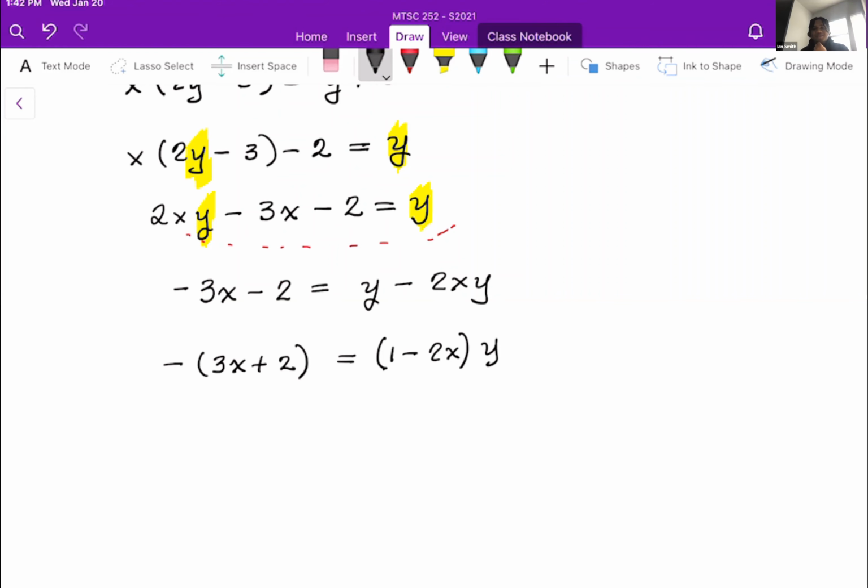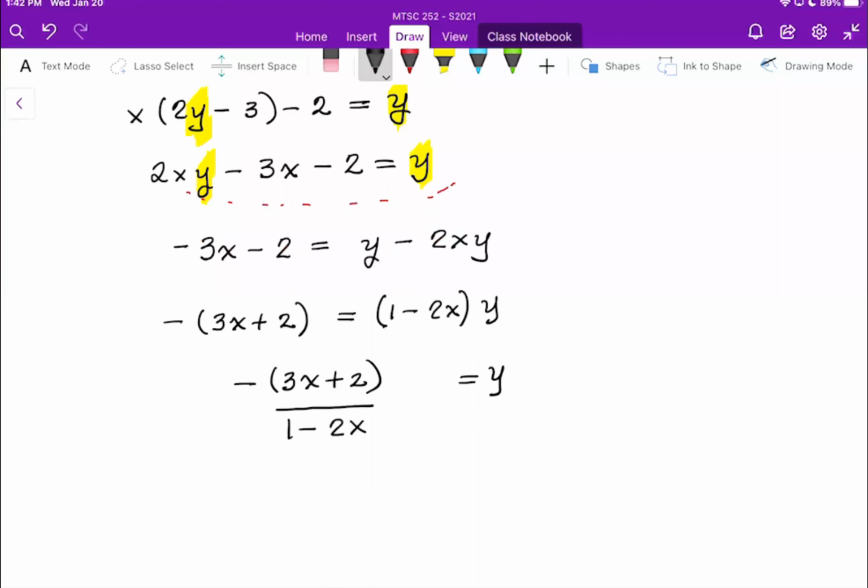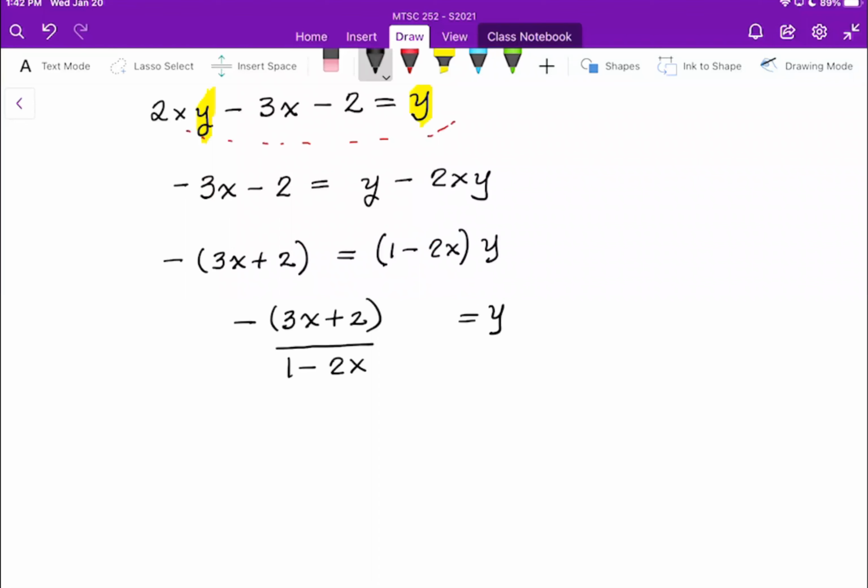Now we can divide the y finally. Yes. So now we're going to get y. Okay. And I can even simplify that one more.